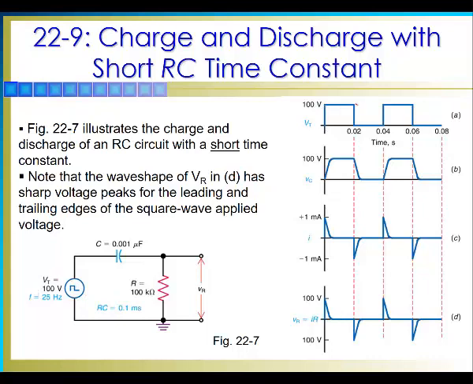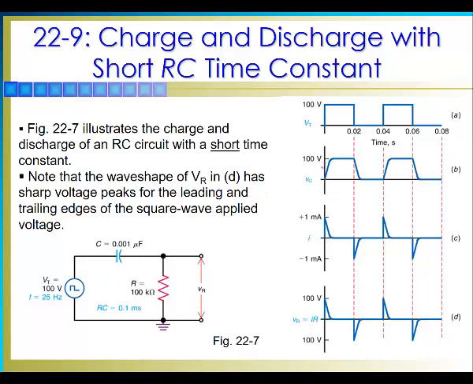It stays at 100 volts for 0.02 seconds, then no voltage is applied for another 0.2 seconds, then it turns back on and applies a voltage of 100 volts again for the following 0.02 seconds, and so on. This is the voltage that is being applied from the source.